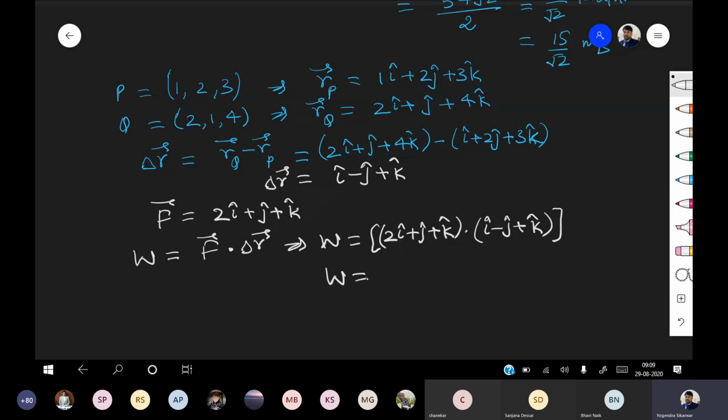That gives W equal to 2i dot i means 2. j into minus j, that means 1 into minus 1 is minus 1. And 1 into plus 1 is plus 1. So W comes out to be 2 joules. This is the answer. Understood?